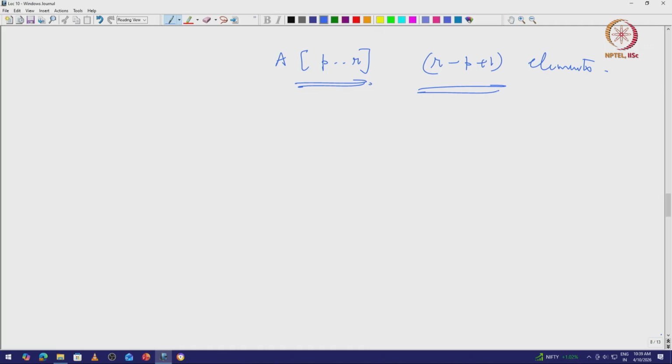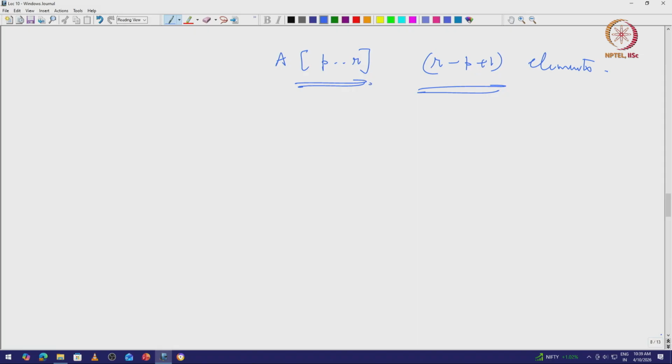R minus P plus 1 elements. If the number of elements divided by 4 leaves a remainder 2, then you split in one way, okay? Otherwise you split in a different way. You are going to define the split point by the size by 2 minus 1 if it leaves a remainder 2.